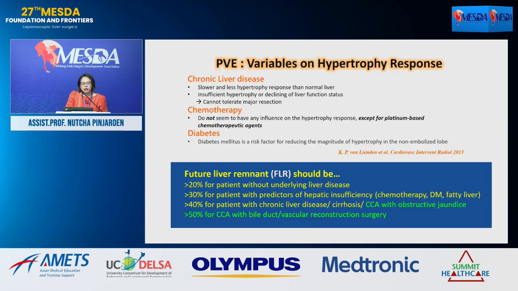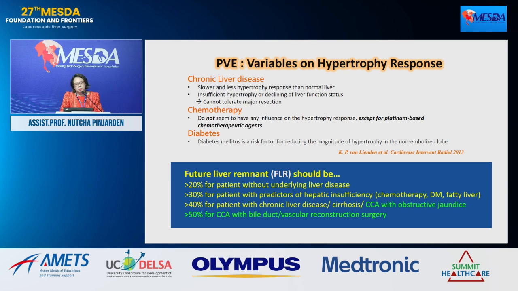First, for portal vein embolization, usually 20, 30, 40% is the target, you all know that. But for cholangiocarcinoma, I would like to emphasize that with biliary obstruction, you need at least 40%. And if you plan to do bile duct resection or vascular reconstruction, you may need more than 50% of the FLR.